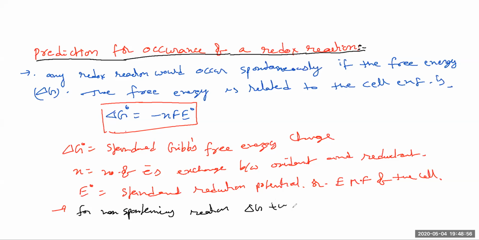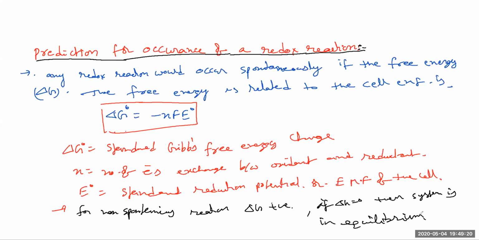For non-spontaneous reaction, delta G is positive. Or if it is equilibrium, if delta G is equal to 0, then system is in equilibrium, right? Note down.